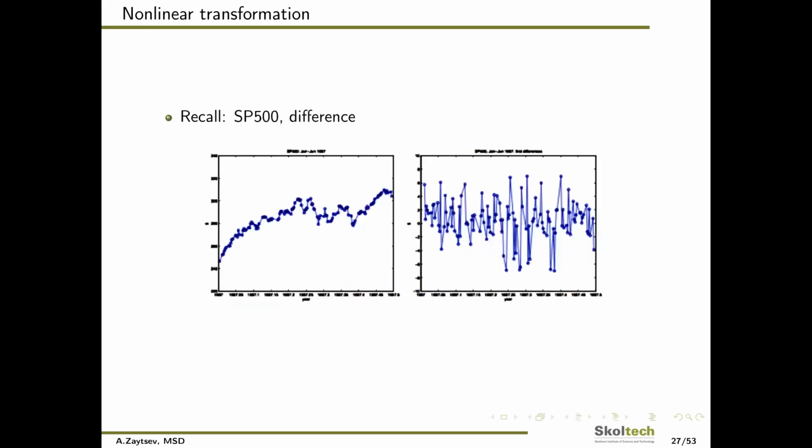Another very useful idea is to take differences, because it's usually much easier to see some structure in differences. And also we reduce some kinds of trends here. For example, if we have a linear trend, y_t equal to at plus b, then the difference equals a.